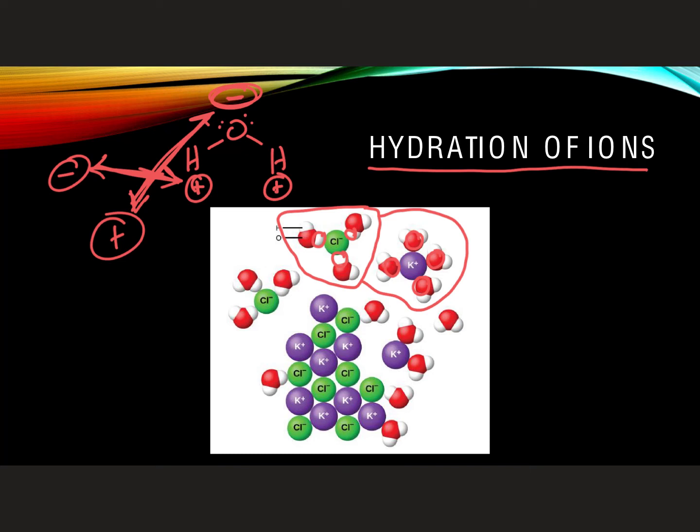Doing this stabilizes the system. It prefers to be broken apart, with the water molecules surrounding the ions. There are some ionic compounds that are not soluble. They would prefer to stay in the solid state, linked up to each other, and not have water be involved. We'll talk about which ones prefer ions versus solid state in a little bit with solubility rules.